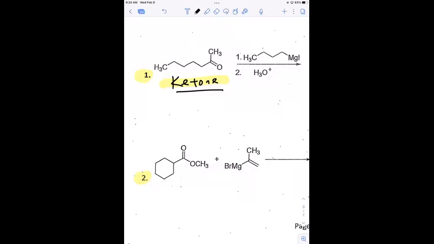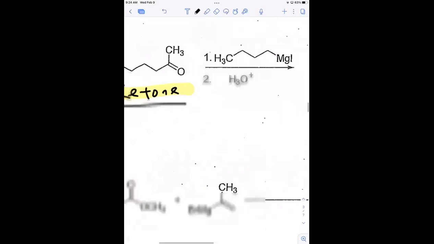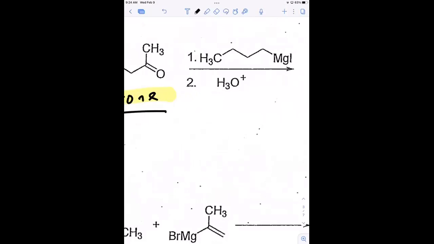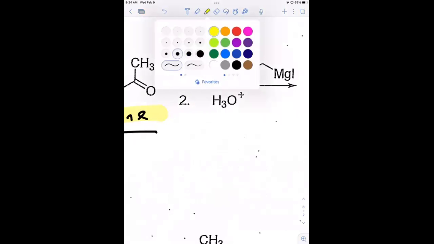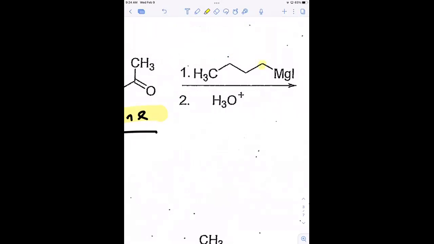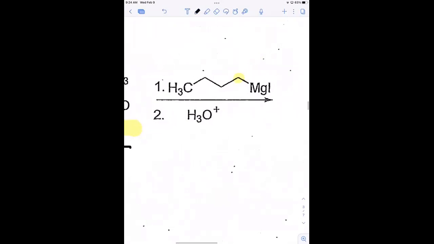All right, so that's my ketone, and this is my Grignard, and it's going to be this carbon in the Grignard that reacts. Remember, this is the key to these reactions: the Grignard is a nucleophile with a dipole in that direction towards magnesium.